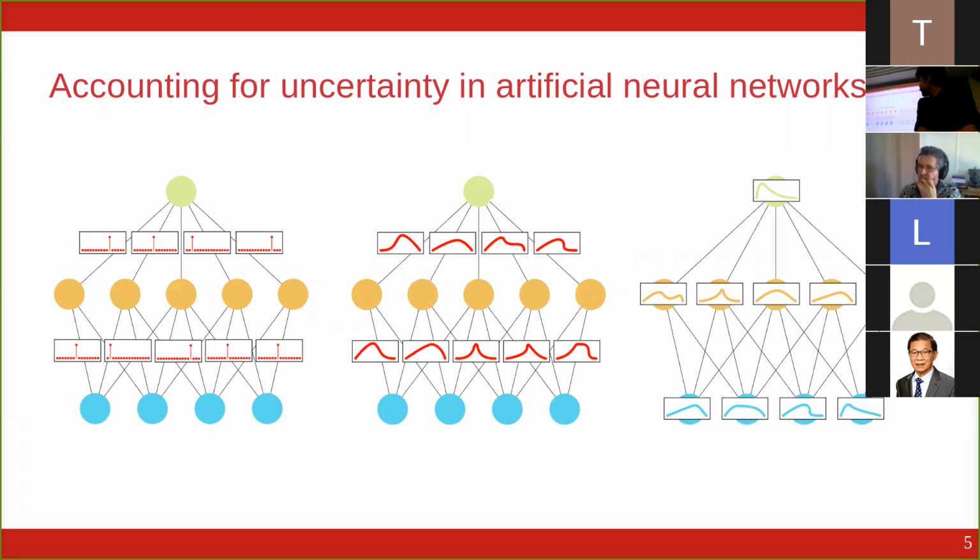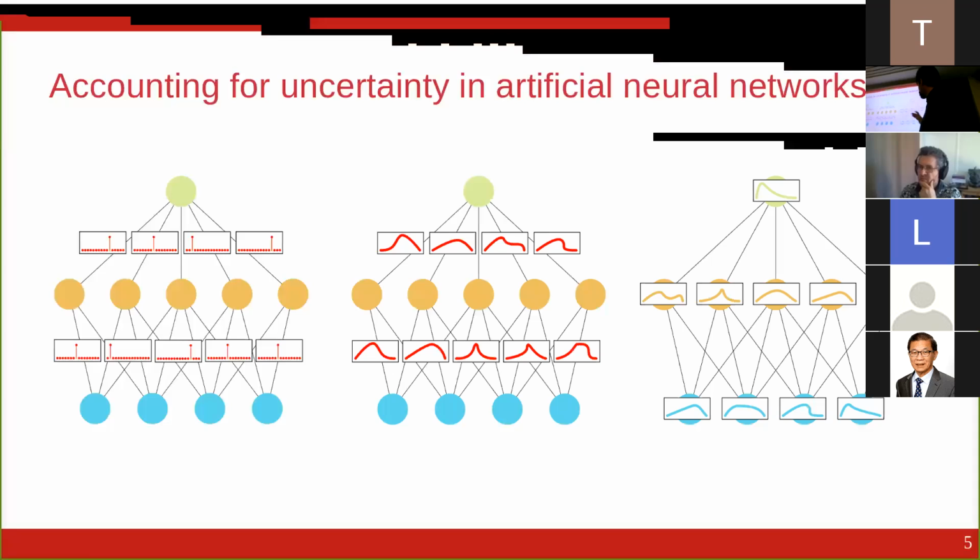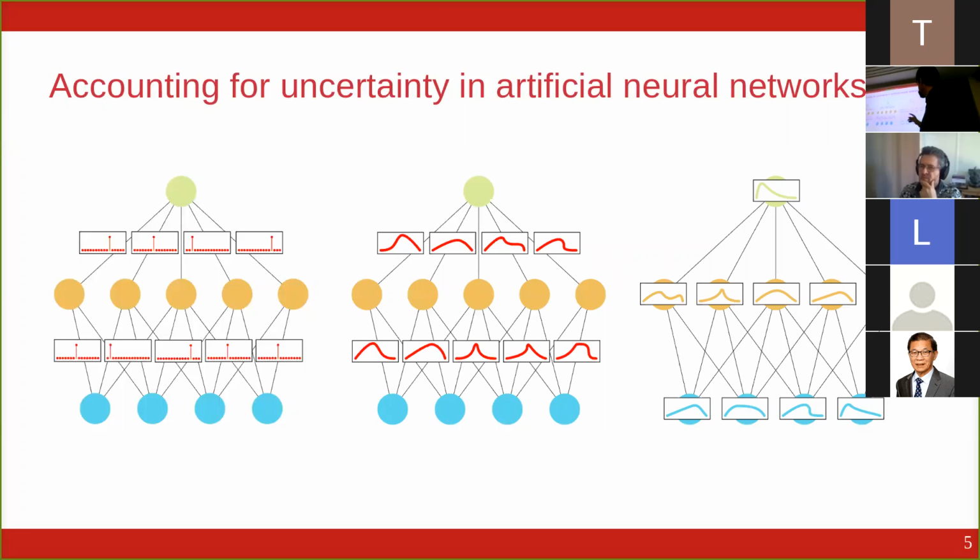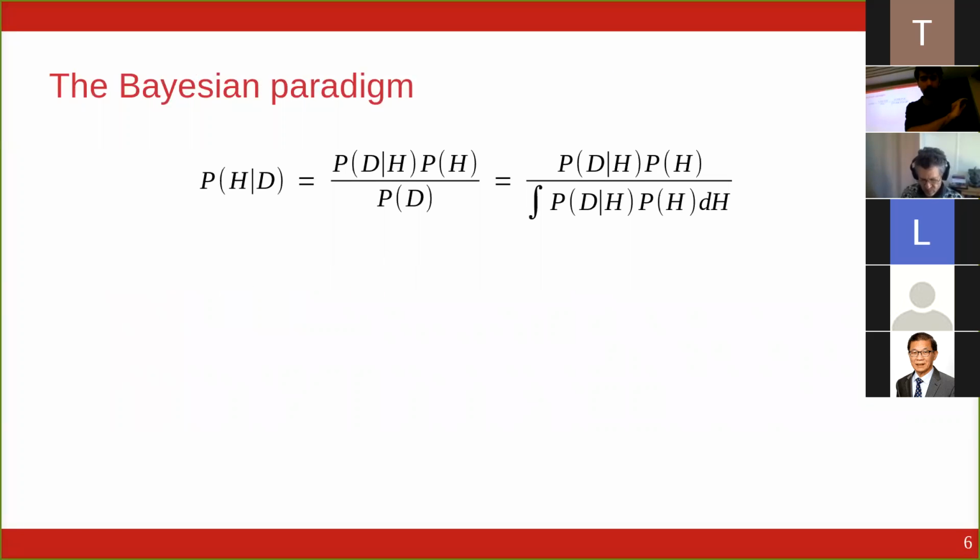You can also put the probability distribution on the activation of the network. Both models exist in the literature. They can be shown to be somehow equivalent. How do you train such a network now?